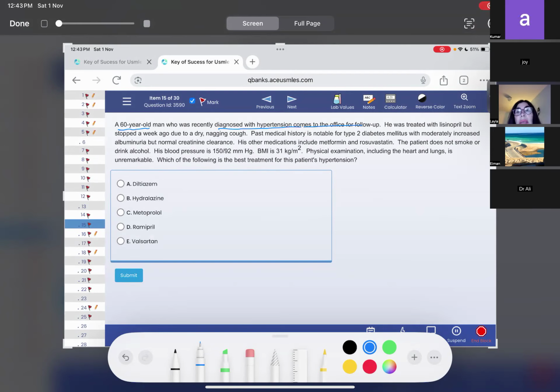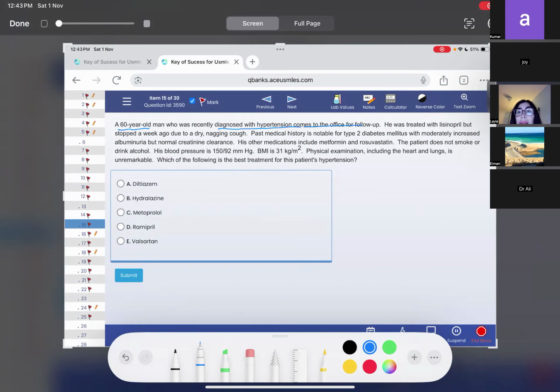He was treated with lisinopril but stopped a week ago due to dry nagging cough. Past medical history is notable for type 2 diabetes mellitus with moderately increased albuminuria but normal creatinine clearance. His other medications include metformin and rosuvastatin.